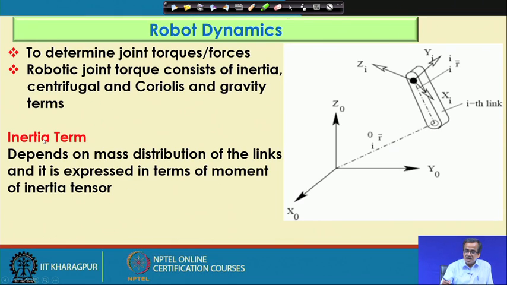Here, on the inertia terms, we try to find out the mass distribution, that is the moment of inertia term. So, this inertia terms I am just going to concentrate on first.